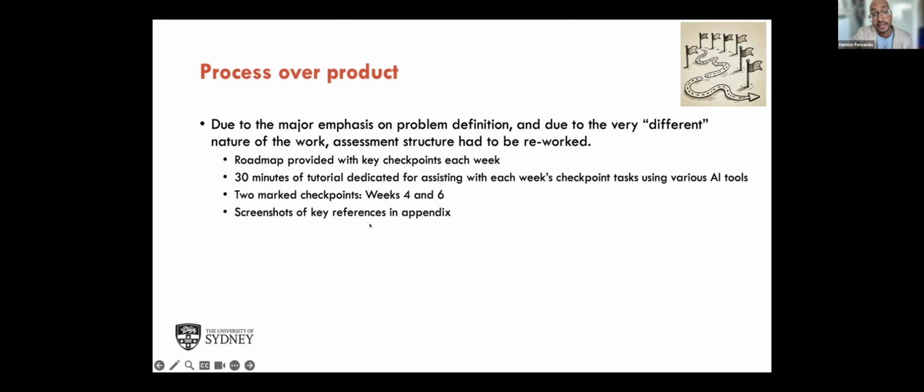They also had to post screenshots of key references in the appendix because they were allowed to use AI tools. We needed to verify that, hey, they didn't just believe everything the AI tool gave them. They actually followed up and checked and verified the information in here. So they needed to highlight the key points that they got from the reference, take screenshots and post it. Yes, they had a reference list, but let's face it, a lot of us don't have time to go through an entire reference list.